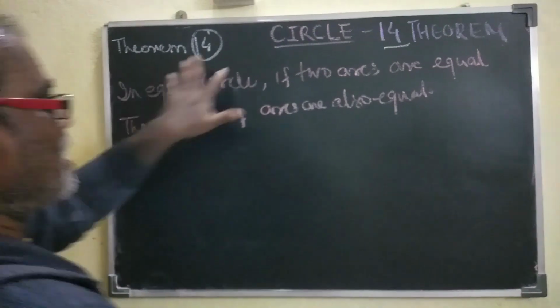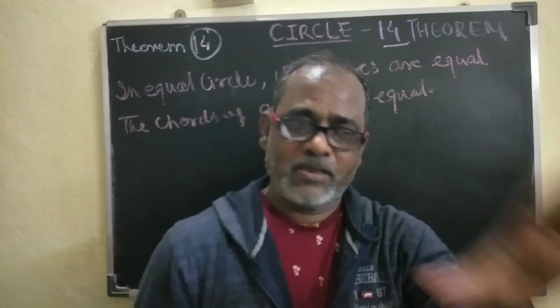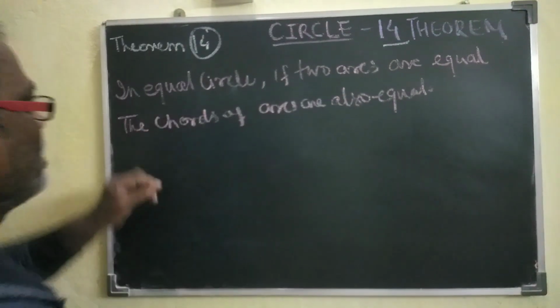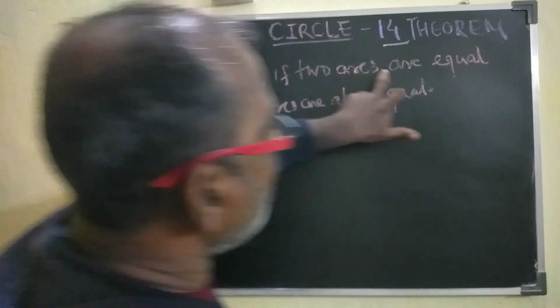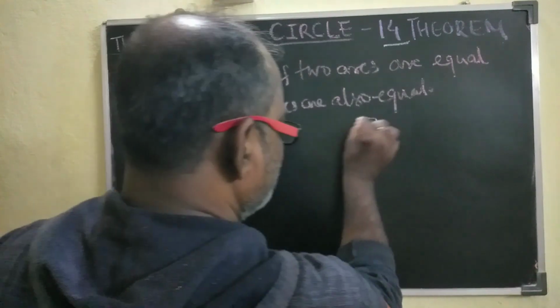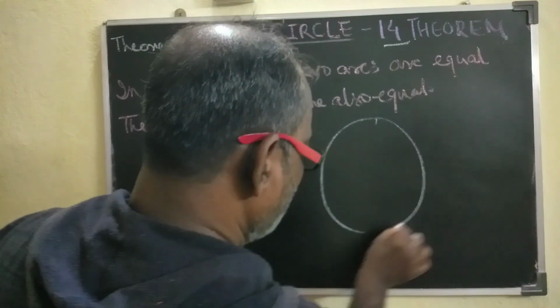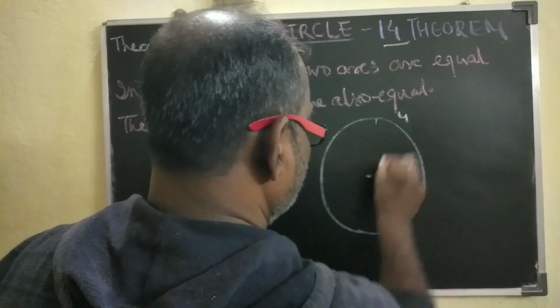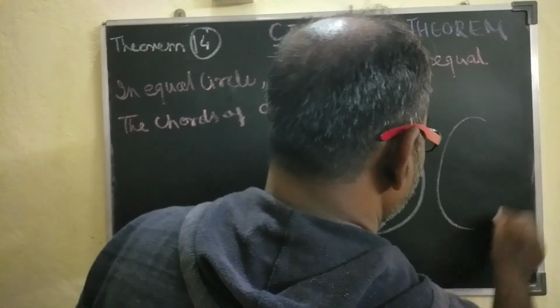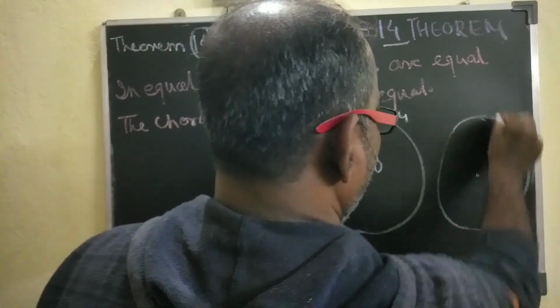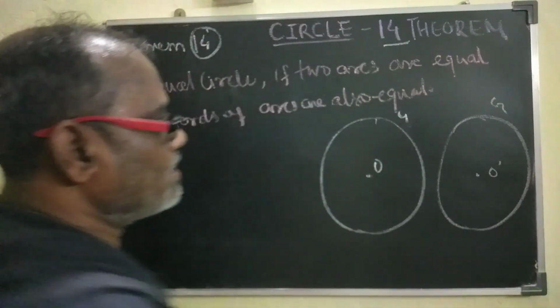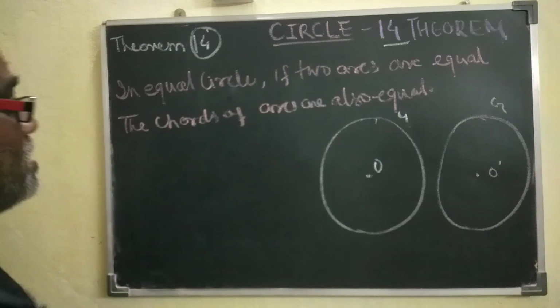This is the last theorem of the first part of the circle, which you must also know. The theorem says that in equal circles, if two arcs are equal, so let us take two equal circles with centers O and O dash. So C1 and C2 are two equal circles.